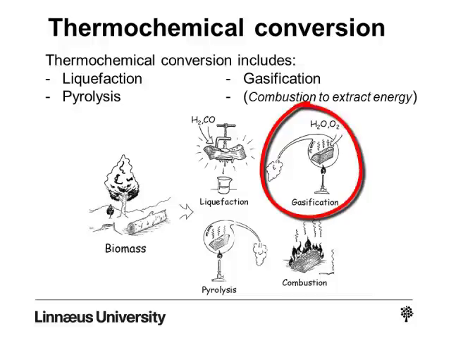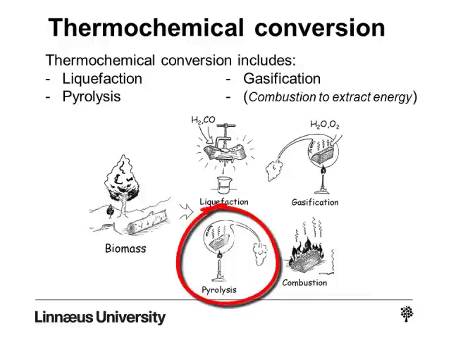It's gasification that we just talked about, and in this illustration it's an advanced gasification where you use water vapor and oxygen as the gasifier media. You also need an elevated temperature.